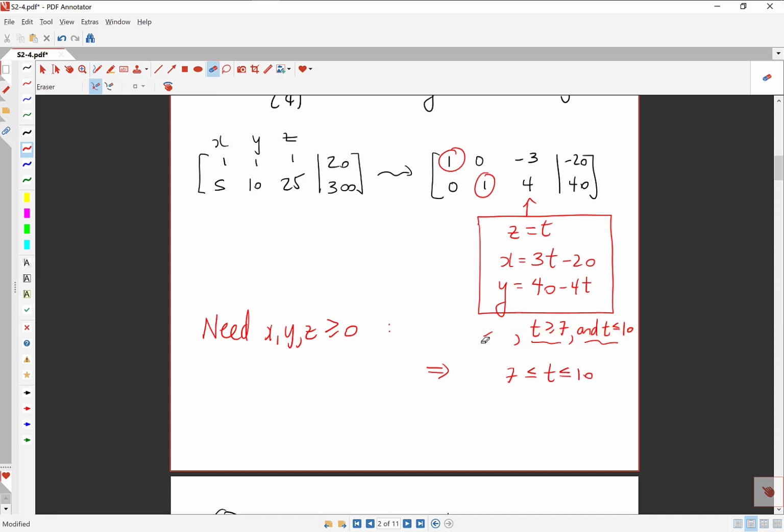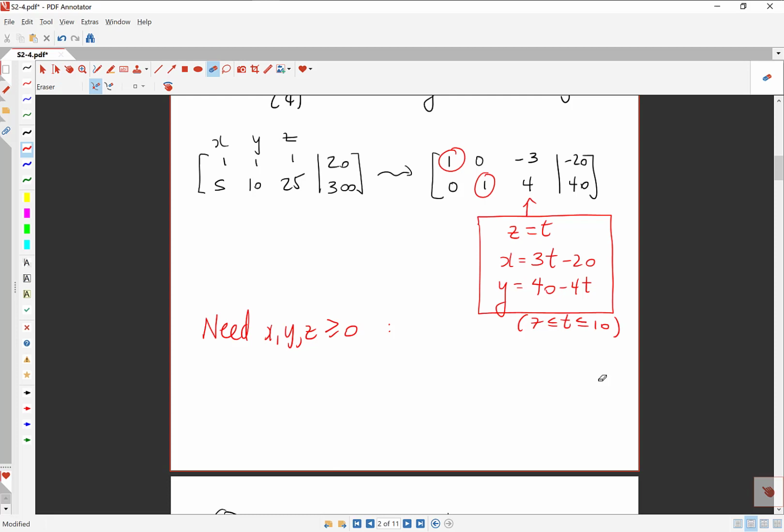So just erasing all this side work, what you would write down in your solution is just this restriction on the t values. So you just write that sort of at the bottom of your solution here. t can be anything between 7 and 10, and that ensures that all our variables will be non-negative.